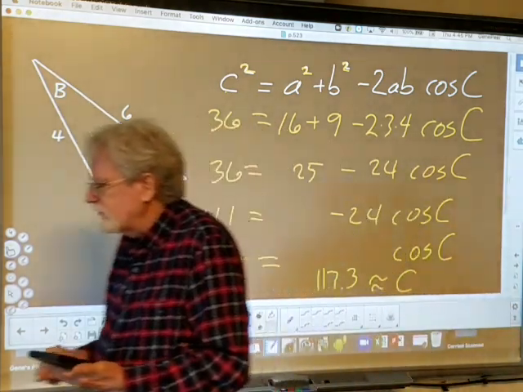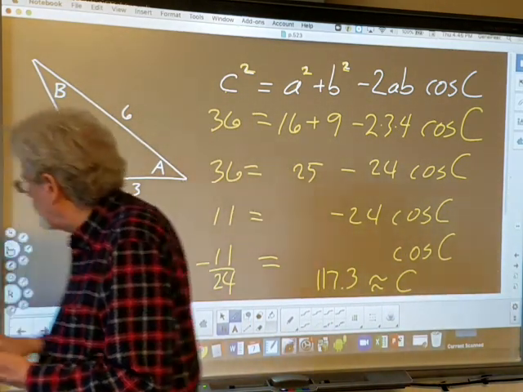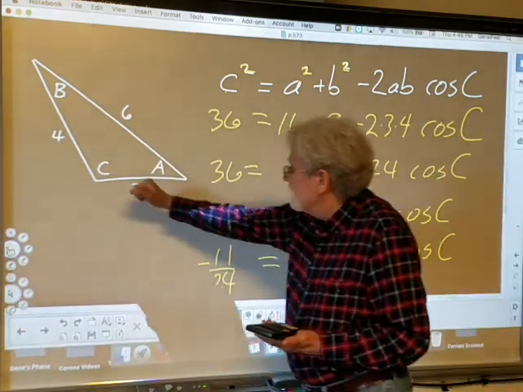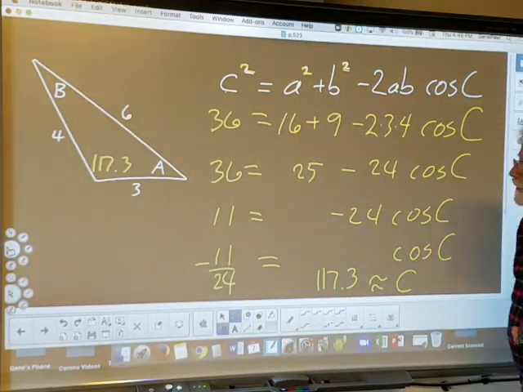Let's verify that from the book. The book says we get for angle C 117.3. All right, so we found angle C. Ta-da, 117.3. We would repeat that process to find either A or B, your choice.